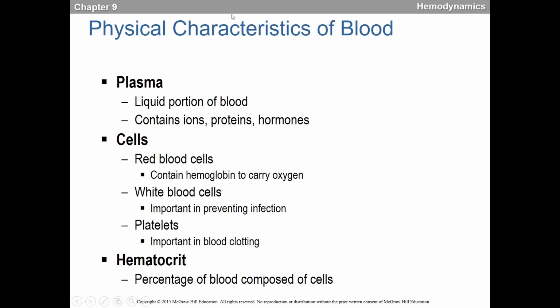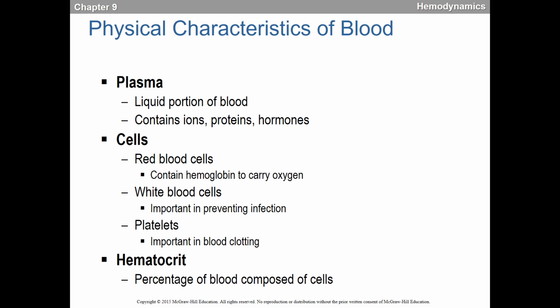So let's go ahead and move on to hemodynamics and what's going on there. All right, in regard to hemodynamics, there are a few things that we need to cover really quick. First off, plasma. This is the liquid portion of the blood.